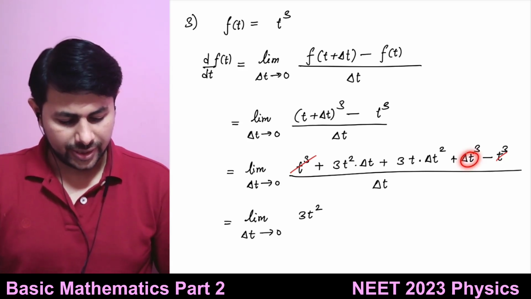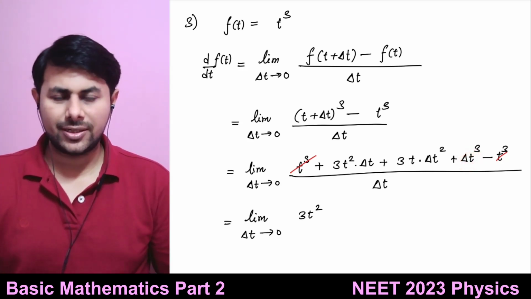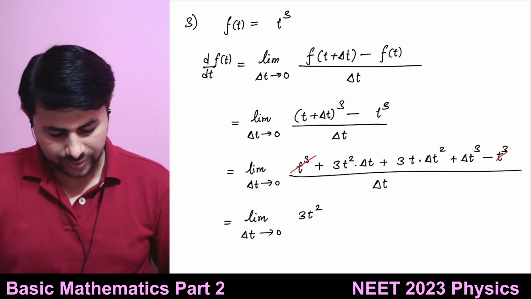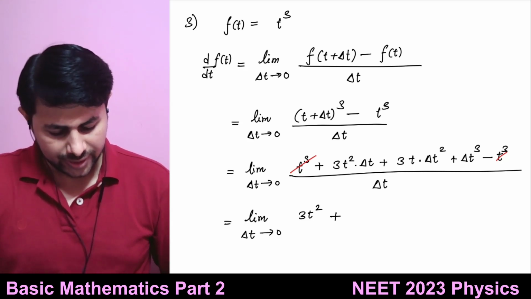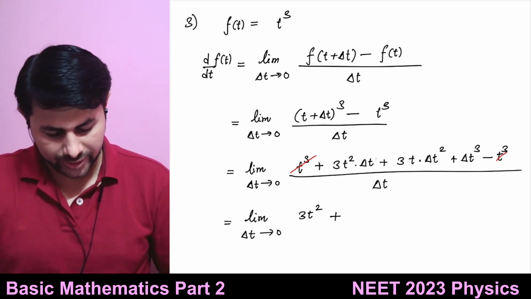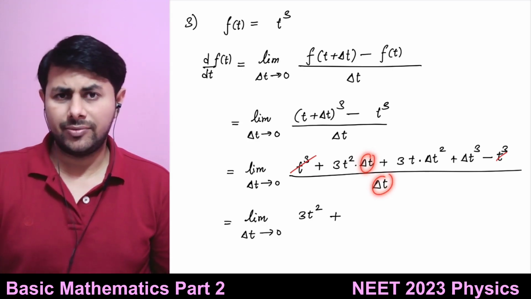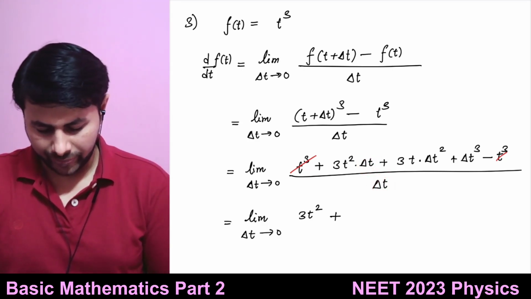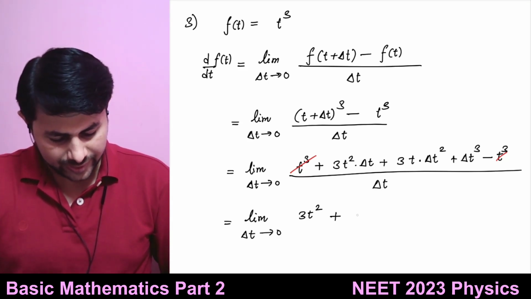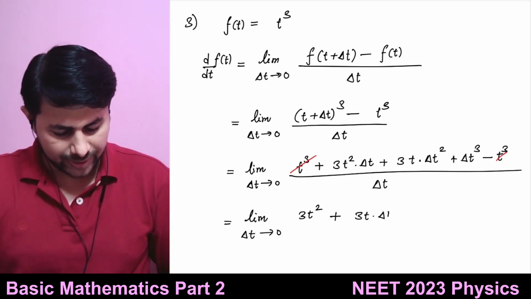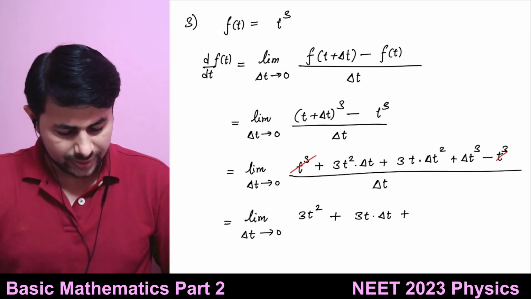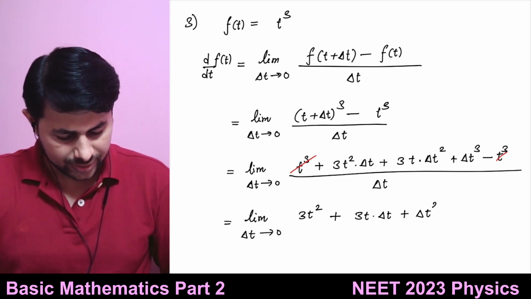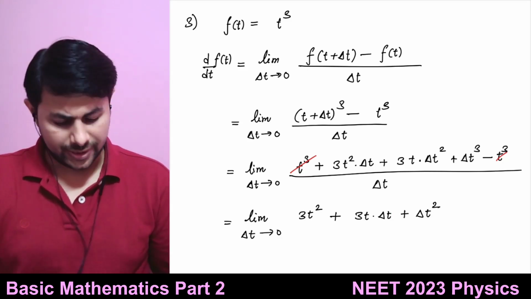And here I will have delta t cube upon delta t, so delta t square. So I will write 3t square plus 3 times t multiplied by delta t plus delta t square, having divided by delta t.